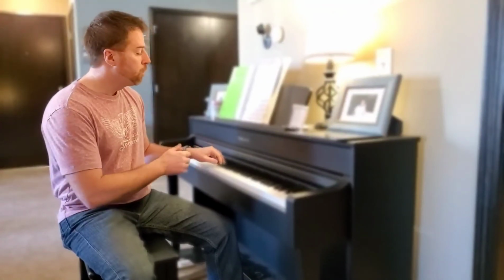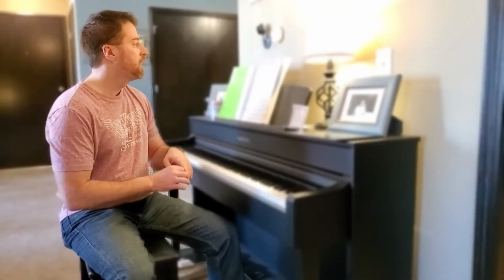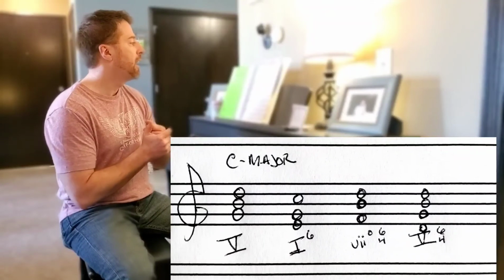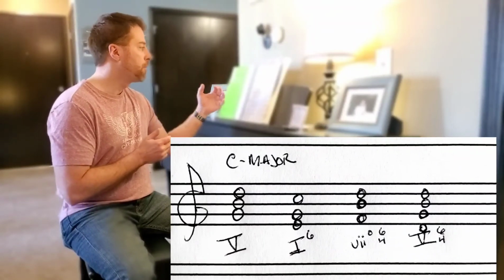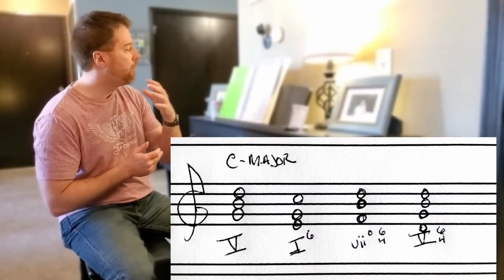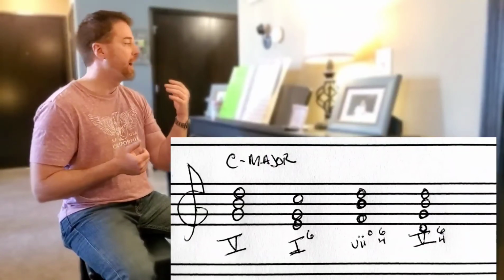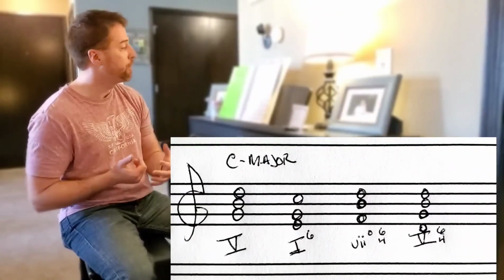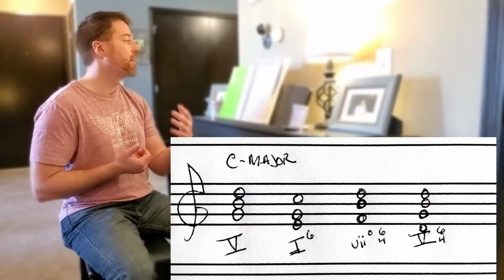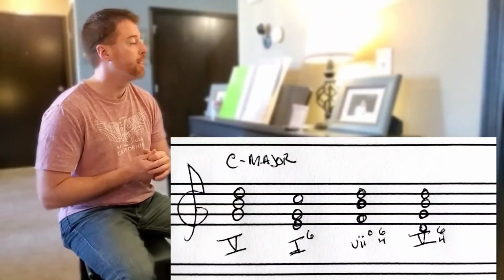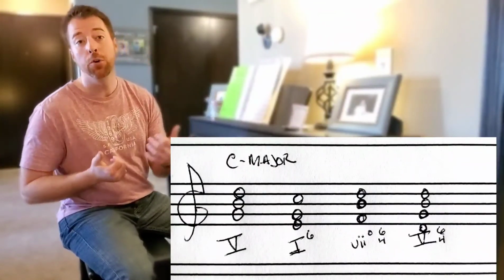A couple other things to understand. So when we're moving through chords, you're going to see here, I have the 5 chord, I have a 1 in first inversion, I have a 7 chord in second inversion, and then I have a 5 chord as well in second inversion. But I've actually even added an extra note in there.